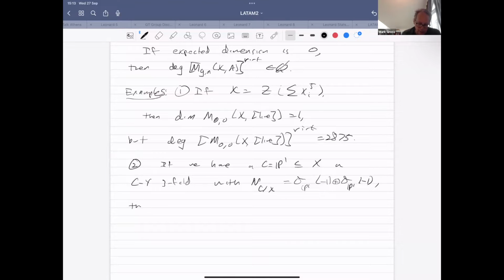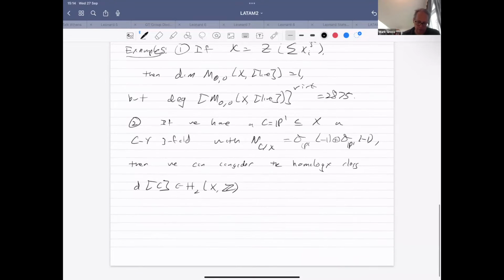And then we can consider homology class d times the class of the curve C. This is a class in H_2 of X. So we'll consider this curve class.